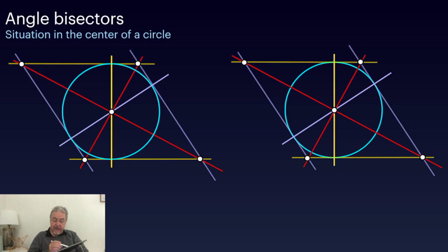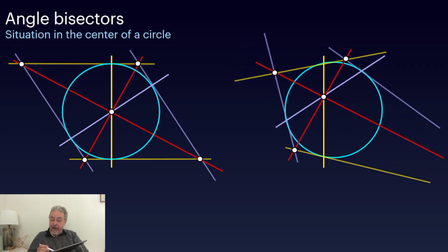So we constructed these angle bisectors in a completely projective way, which means that if we have a situation where the lines do not meet in the center, we still can apply exactly the same construction and get the two angle bisectors. Again, disclaimer, in general situations, these things will not look like angle bisectors because we don't have Euclidean geometry. We have a general Cayley Klein geometry.